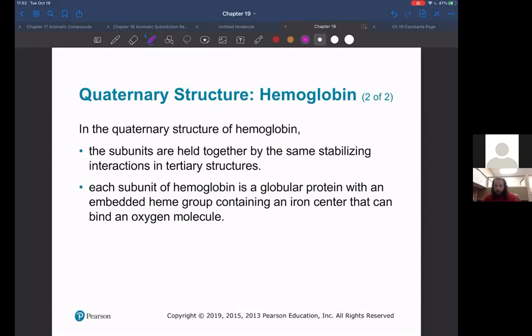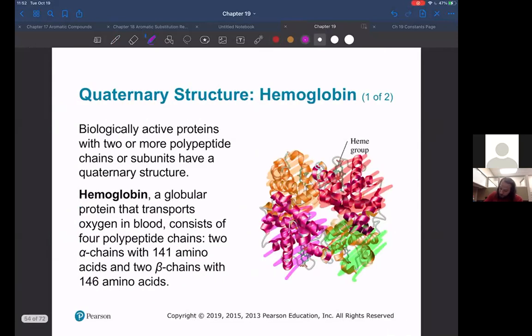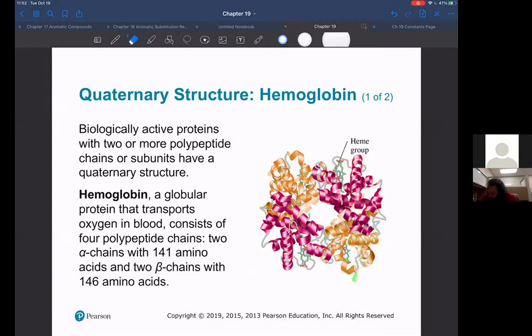The subunits are held together by those same sort of stabilizing interactions that we see with tertiary structures. So at this interface here between these two subunits, there's likely going to be some salt bridges or some hydrophobic interactions or some hydrophilic interactions, some disulfide bonds, et cetera, holding those two polypeptide chains together.